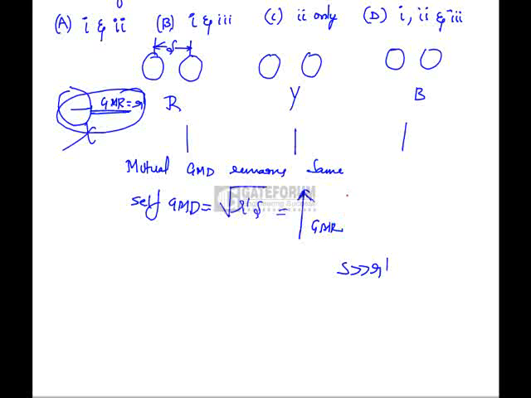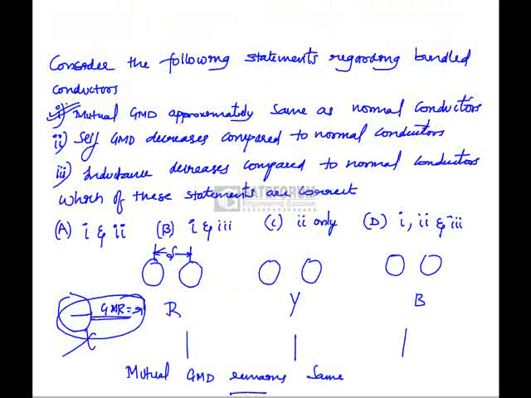Now, looking at the options, mutual GMD is approximately the same as for a normal conductor, so the first option is correct. Self GMD decreases compared to normal conductors. This option is wrong because self GMD is increasing. The third one says inductance decreases compared to normal conductors.